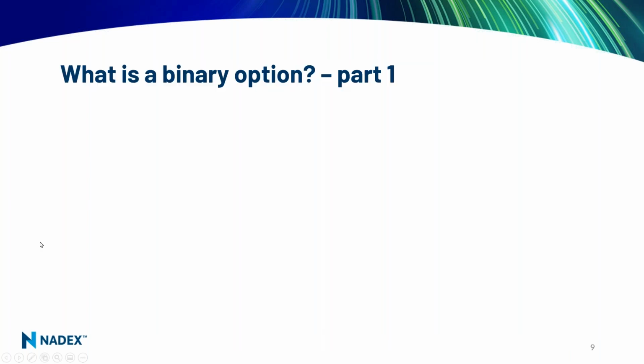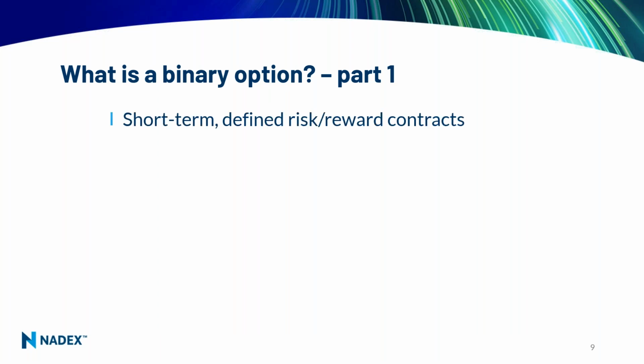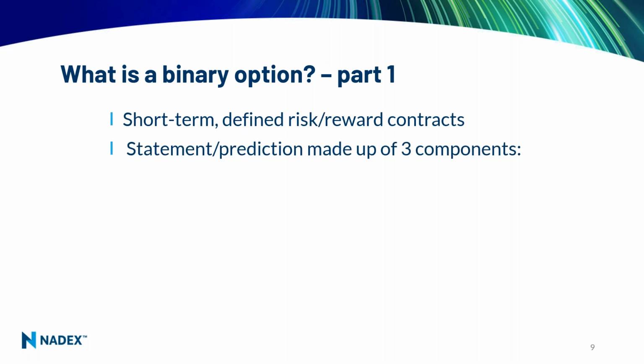All right, let's get into binary options. And first up, we're going to define a binary option. The definition is it's a short-term, defined risk, defined reward contract that is made up of 3 components. Binary option is quite frankly a fancy word.